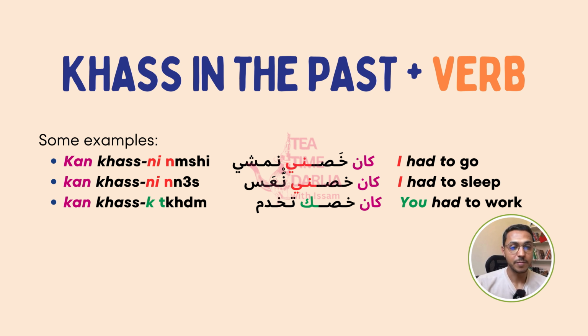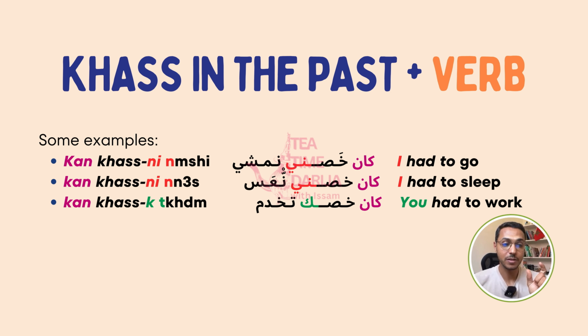Now, let's see some examples of خاص in the past tense plus a verb, okay? So, for example, I had to go would be كان خاصني نمشي. Now, in the beginning, we have seen خاصني نمشي. It means I have to go or I need to go.